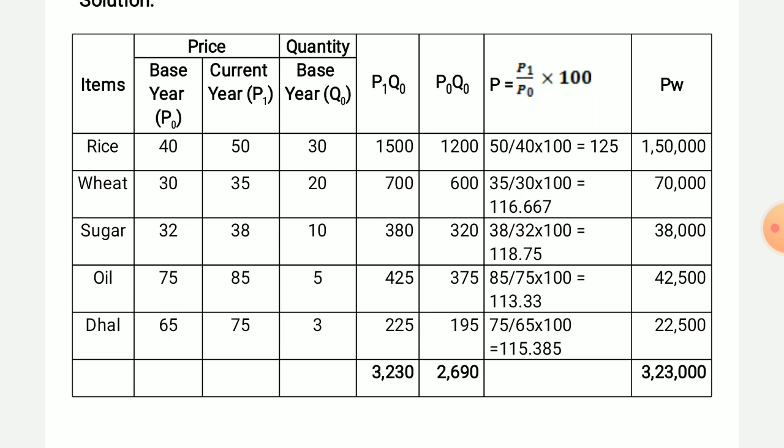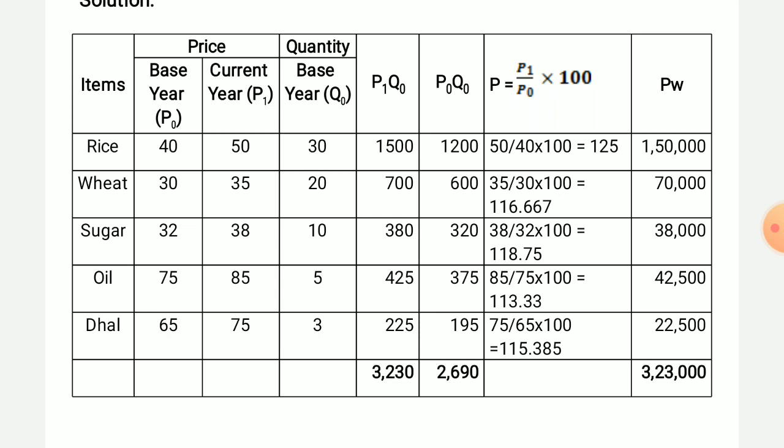P into W is equal to PW. W is equal to P0Q0, base year price and quantity. 125 into 1200 is 1,50,000. 116.667 into 600 equals 70,000. 118.75 into 320 is equal to 38,000. 113.33 into 375 is equal to 42,500. 115.385 into 195 is equal to 22,500.